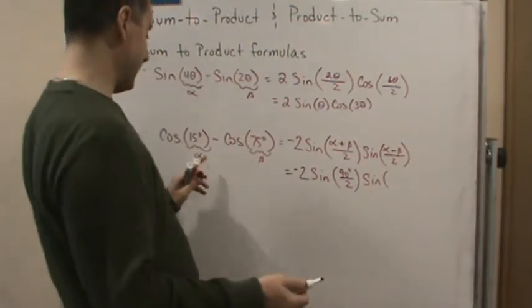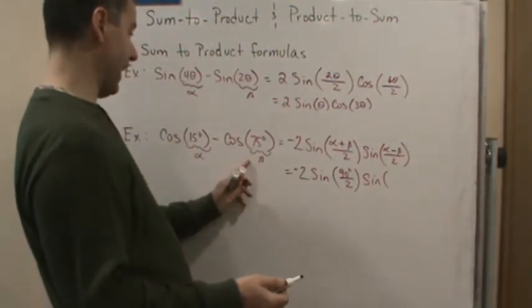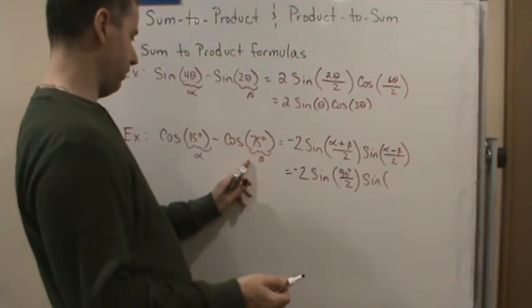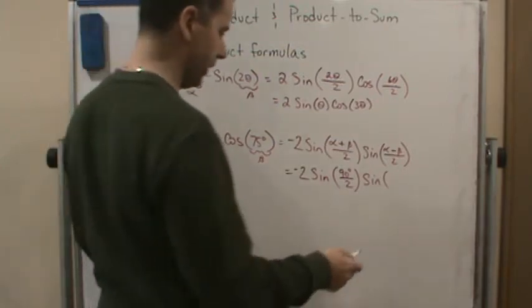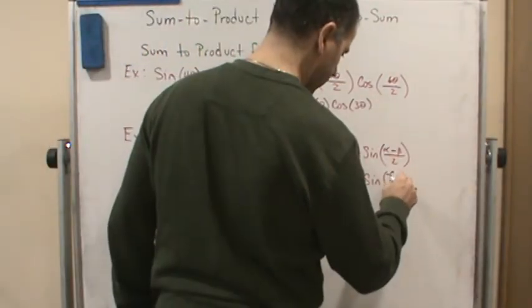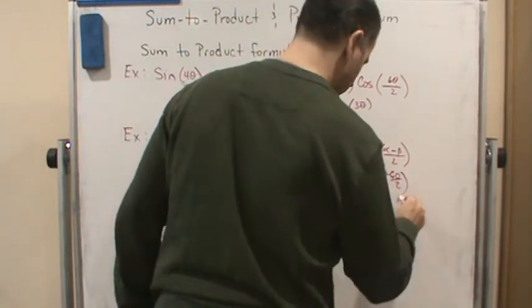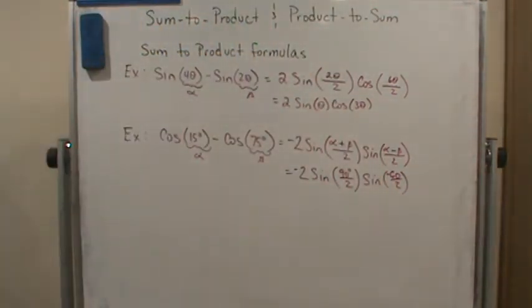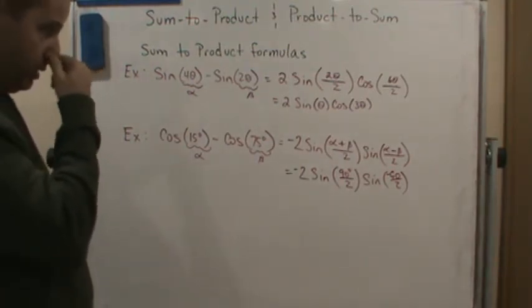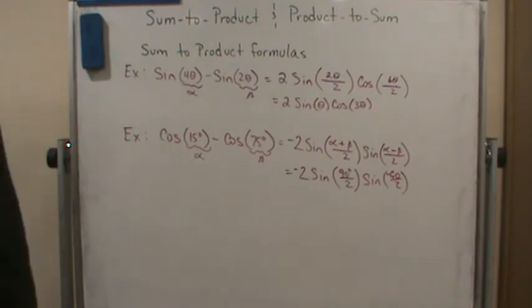So 15 minus 75 is going to be negative 60 degrees. So negative 60 degrees over 2. Okay, now, sine is an odd function.